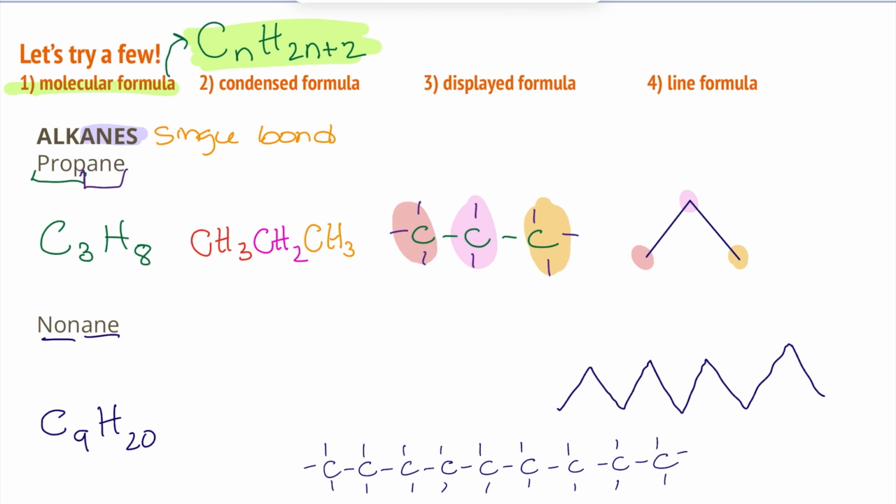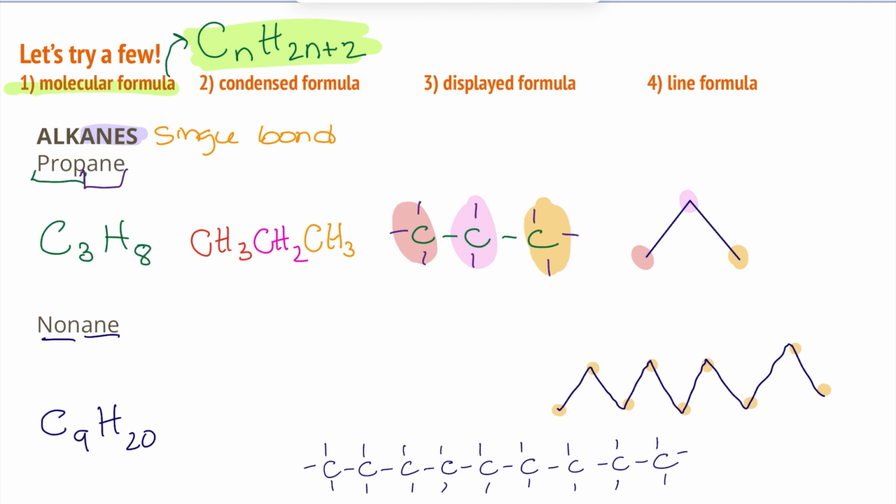And each of those endpoints, 1, 2, 3, 4, 5, 6, 7, 8, 9, represents a carbon. I'm not needing to draw the lines or draw those hydrogens. And so this allows me to see the structure in a visual way without having to write as much as the displayed formula. Our condensed formula now, as we look at it, we can write that out.